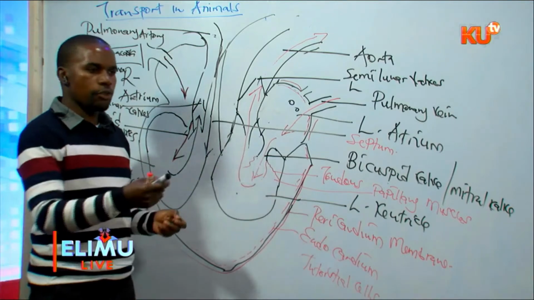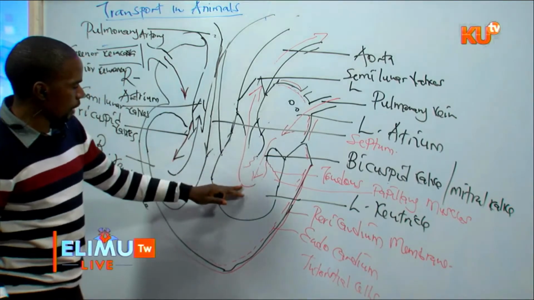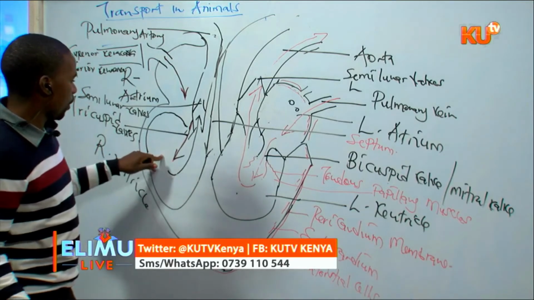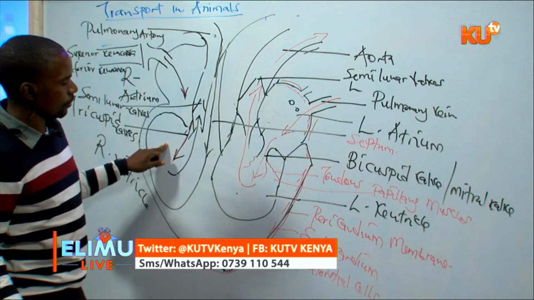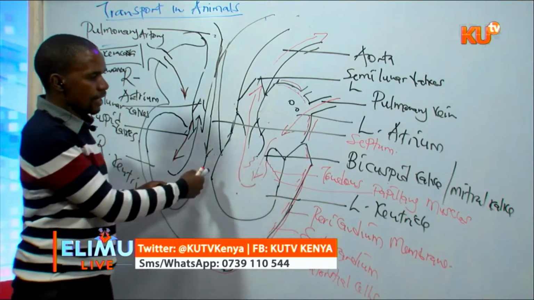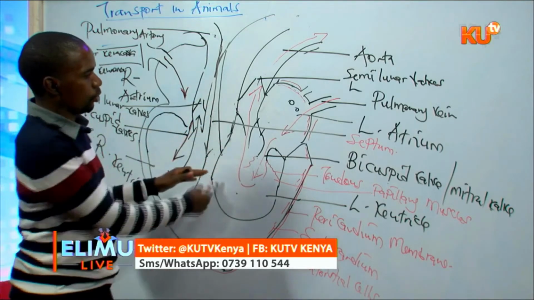So to ensure that this blood rich in oxygen does not mix with this blood that has impurities, there is a need of a muscle to separate these two sides.